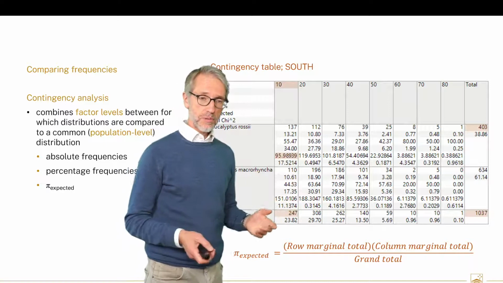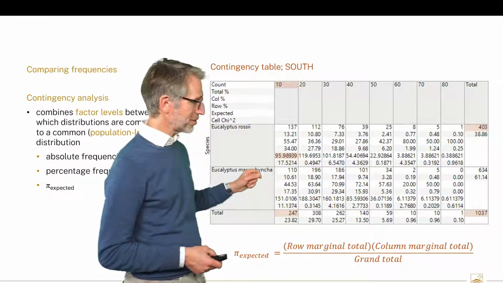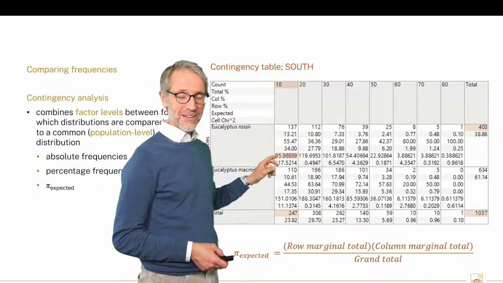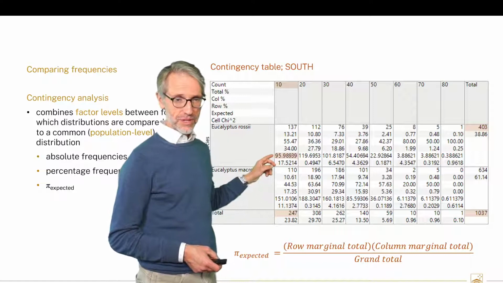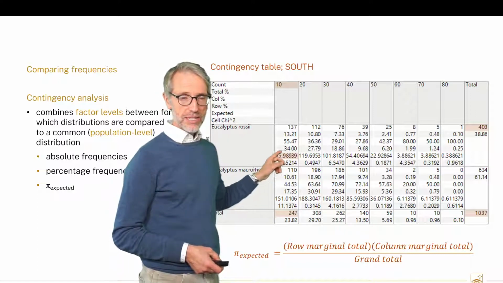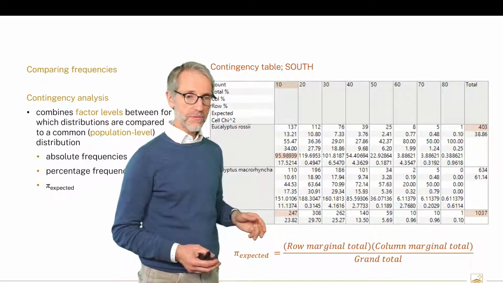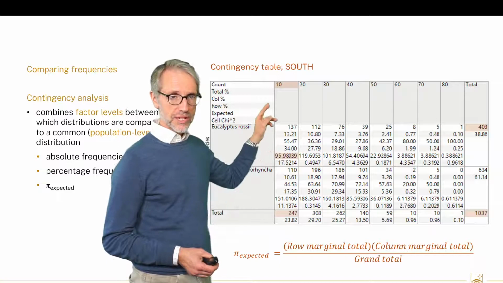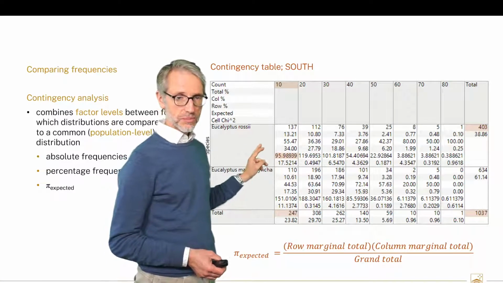I'm not going to step through it by hand because it's just too dull to step through it by hand, although a contingency table is something that you can calculate relatively easily. Here we have our expected value, our expected value for the frequency of 10 centimetre diameter class trees within Eucalyptus rossii.